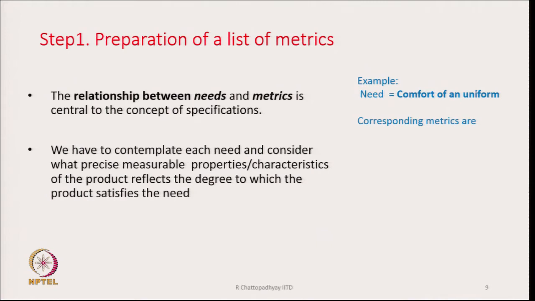The relationship between need and the metrics is central to the concept of specifications. And who has this idea? It is the person with the domain knowledge who can tell us that if this particular need has to be satisfied, then what are the corresponding metric for it. We will come to that in next few slides to make it much more clear.